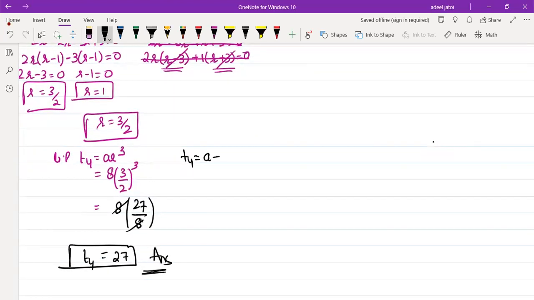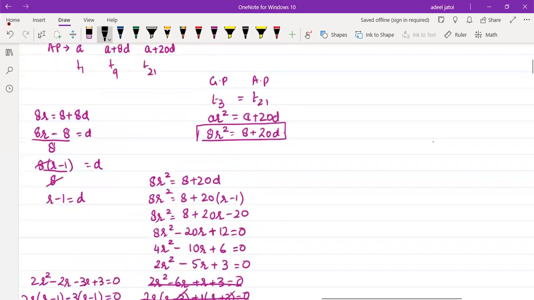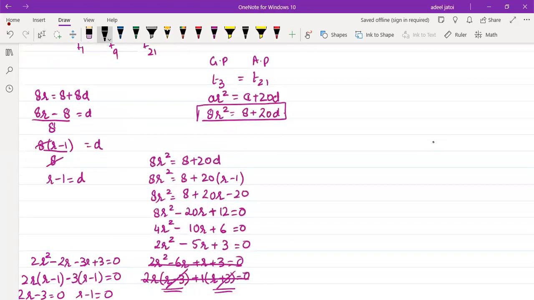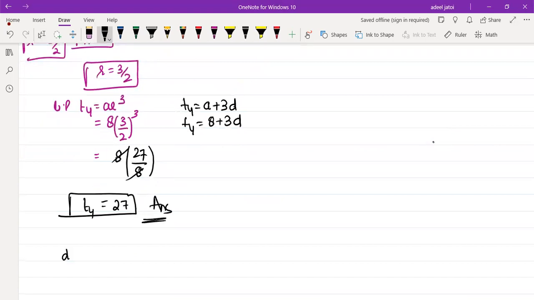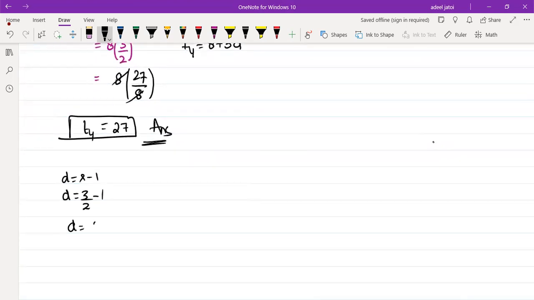But you need term 4 for the AP as well. So A plus 3D, we already know it is 8 plus 3D. So we need to find D as well, and D was R minus 1. D is equal to 3 upon 2 minus 1, which is 3 minus 2 upon 2.